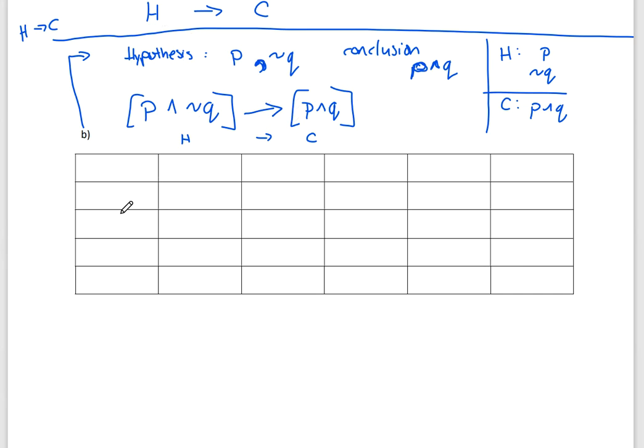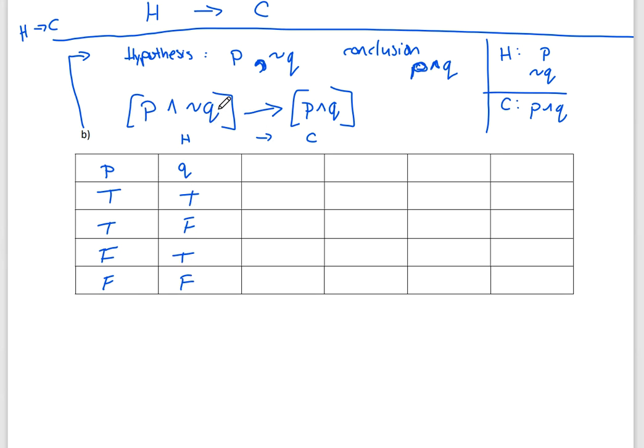Again, it's just the same truth table as we've been doing since the beginning of this unit. How many simple statements do I have? I just have my P and Q, so I can fill that in first. So I have true, true, false, false, and true, false, true, false. Okay, that's done. Then I can set up all my connectives. Working with my left-hand side, I have P, already have that.